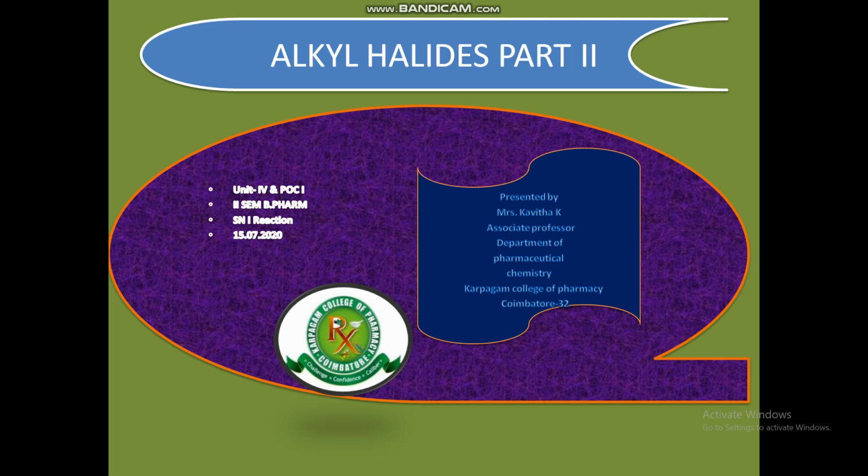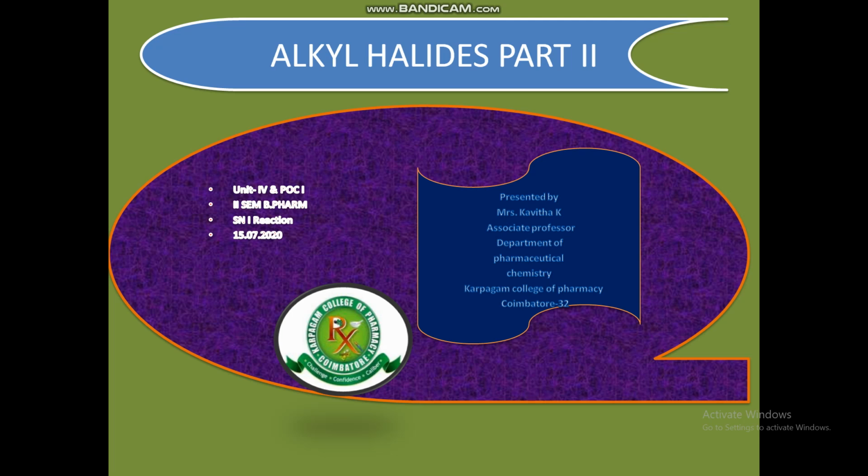Next, the alkyl halides are more reactive. Why? Because the high reactivity of alkyl halides can be explained in terms of the nature of the carbon-X bond, the carbon-halogen bond, which is a highly polarized covalent bond due to the large difference in the electronegativities of carbon and halogen atoms.